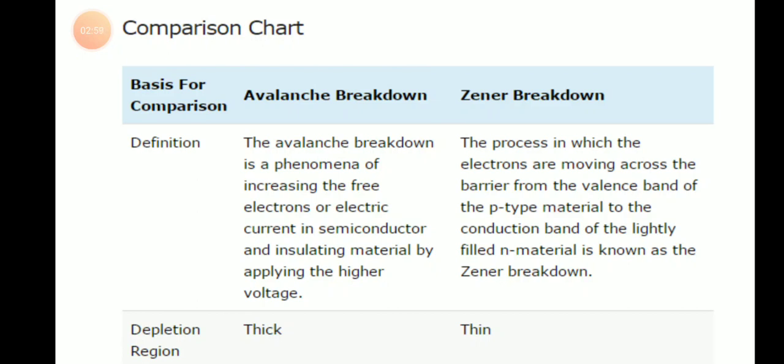Zener breakdown means that because of the very heavy doping, by applying a small amount of reverse bias, the covalent bonds of the ions at the depletion layer break and generate free electrons. That is called the Zener breakdown.